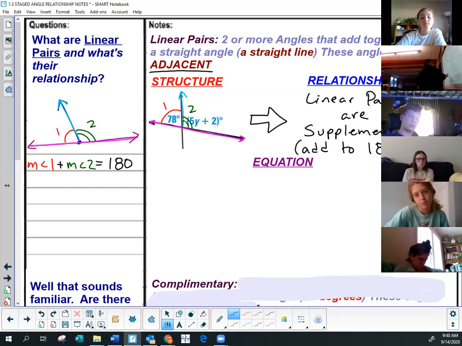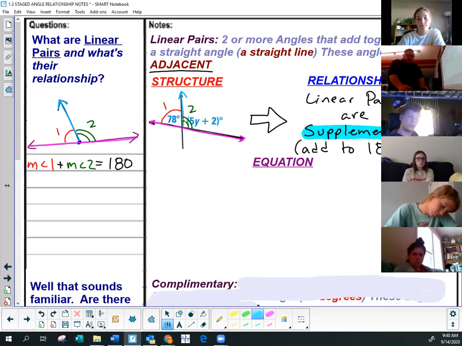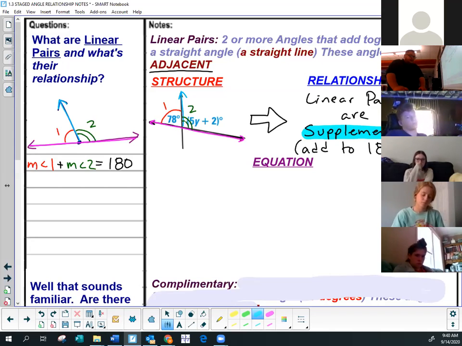So that's all supplementary means. Now, there is a slight catch here that I want you to be careful of. Linear pairs are supplementary, but you can have supplementary without having linear pairs. Supplementary is kind of a generic term, meaning it adds to 180 degrees, and so linear pairs kind of grab supplementary from the generic area and apply it to themselves.